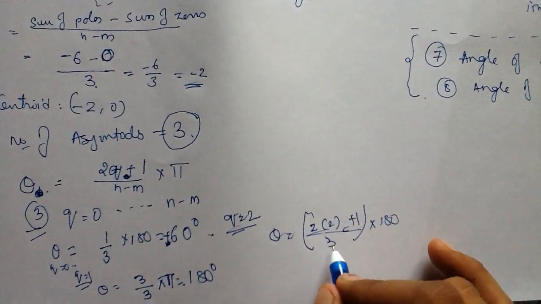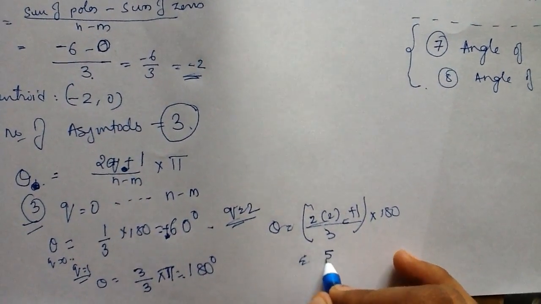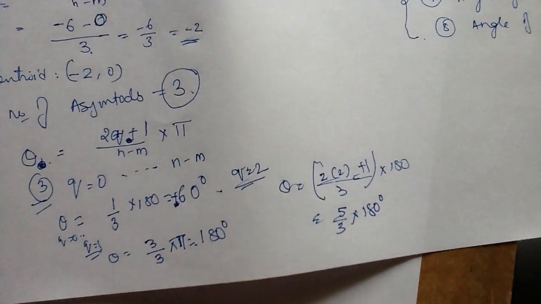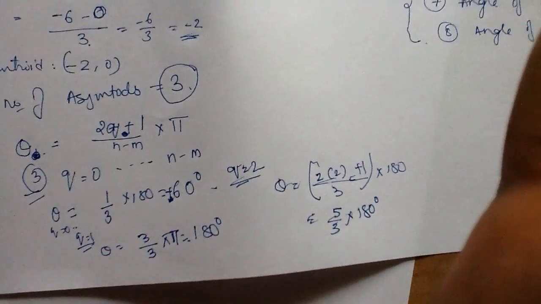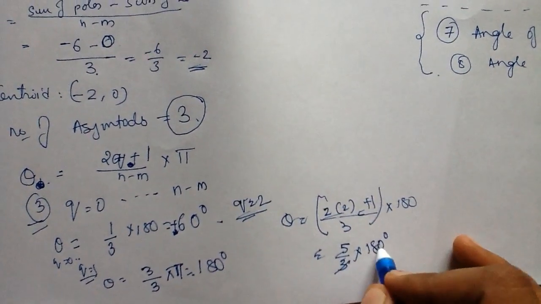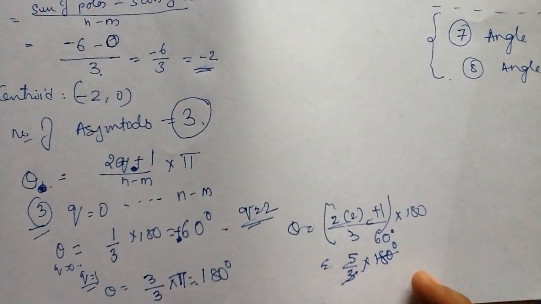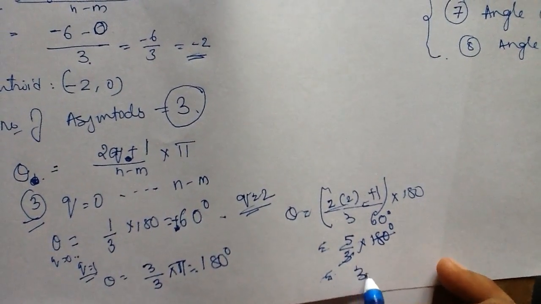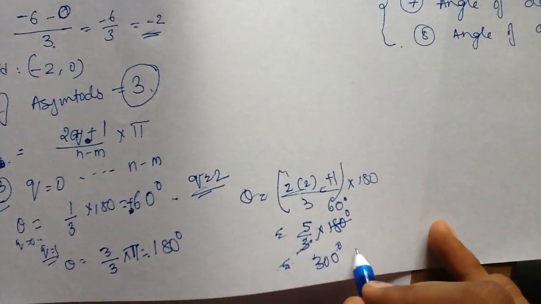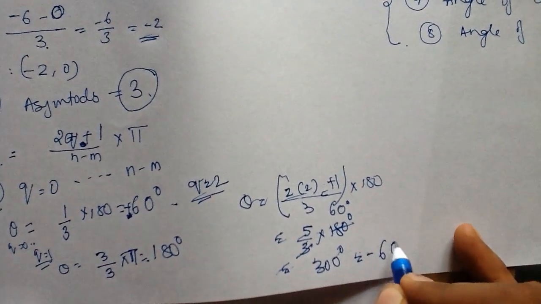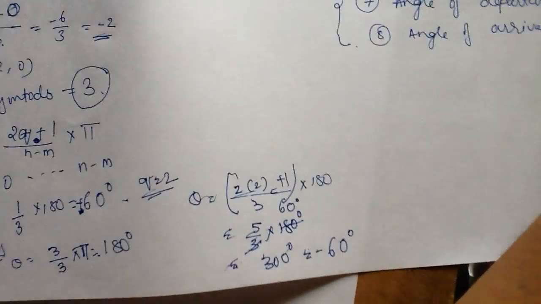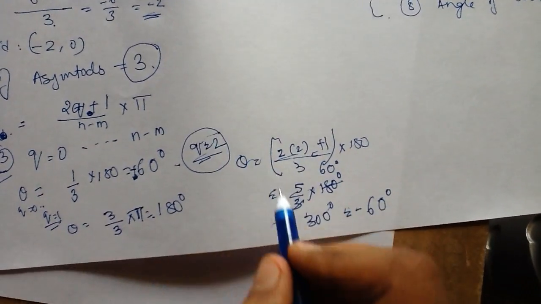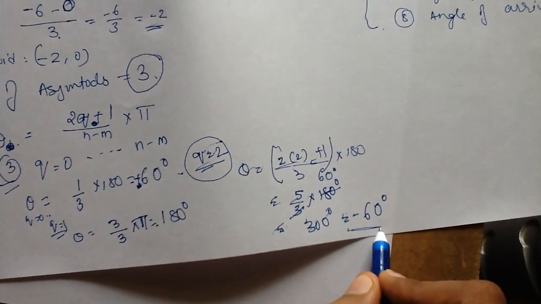So 4 plus 1, that is 5 by 3 into 180. 3 goes into 180 sixty times, so 5 times 60, and that is going to be 300 degrees. And I can write this as minus 60 degrees. So for my third one, when q is equal to 2, I got the angle minus 60 degrees.